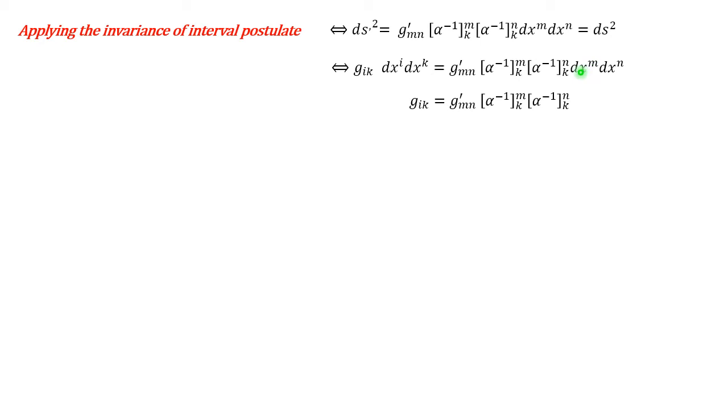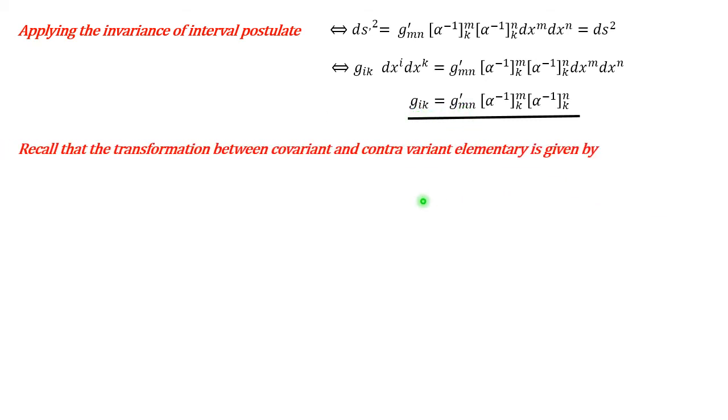Now this dxm and dxn can conveniently cancel out dxi dxk, because they are the same vectors, minus the script variables ik and mn. So you see that they cancel out and we are left with gik equals g prime mn times the Lorentz inverse matrices. So that's the relationship between gik and g prime mn.